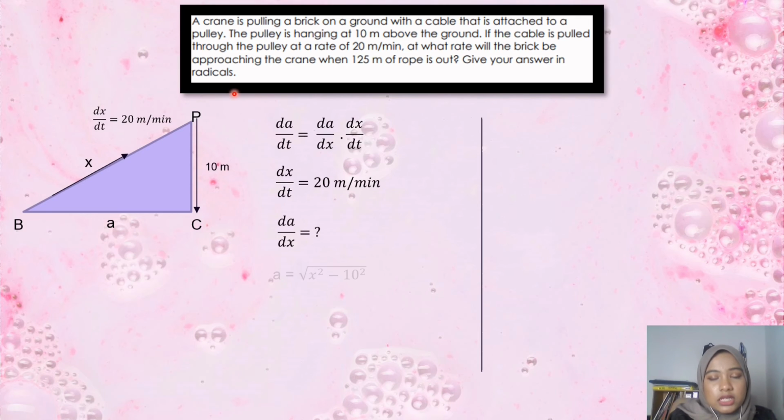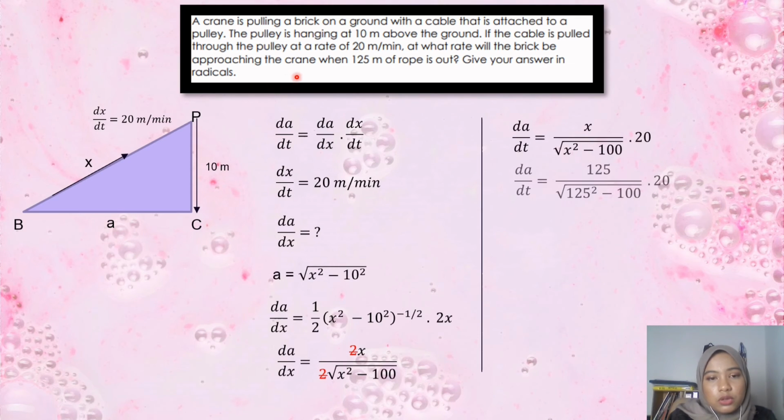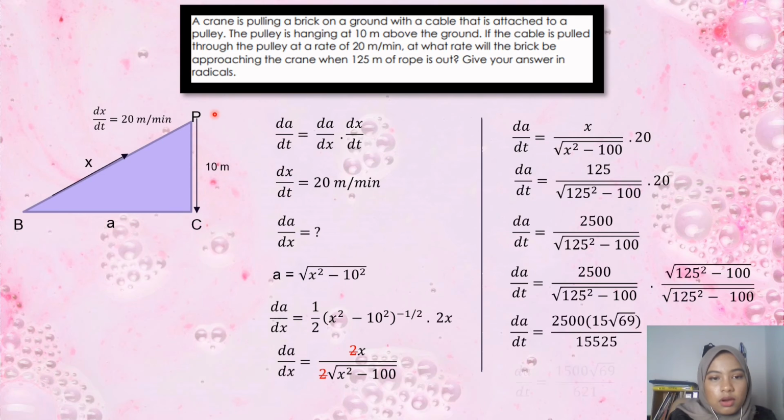We can transfer all the information given in the question into this diagram, where P represents the pulley, C represents the crane, B represents the brick, and X represents the length of the rope.